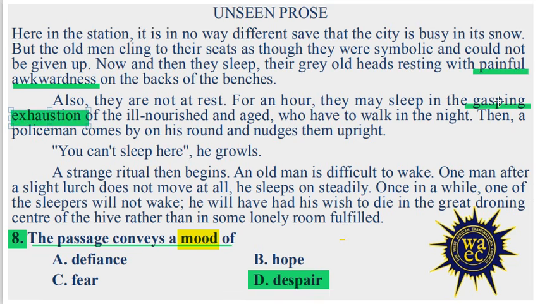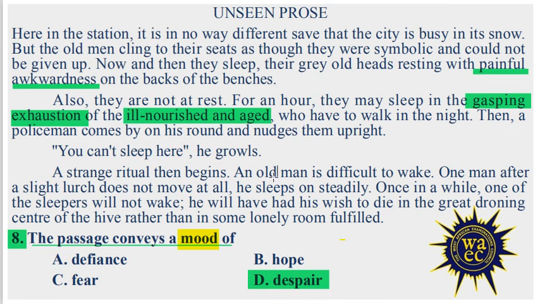Someone is about to die when someone gasps. Exhaustion means tiredness. At old age, these people are already tired, and there is nothing left of them than to just wait for their death. All this convey what? Despair. Also in the second paragraph, ill-nourished is also a pointer to loss of hope.